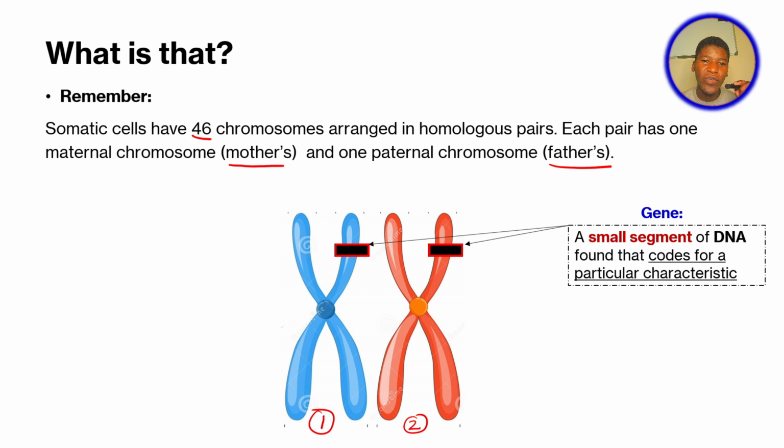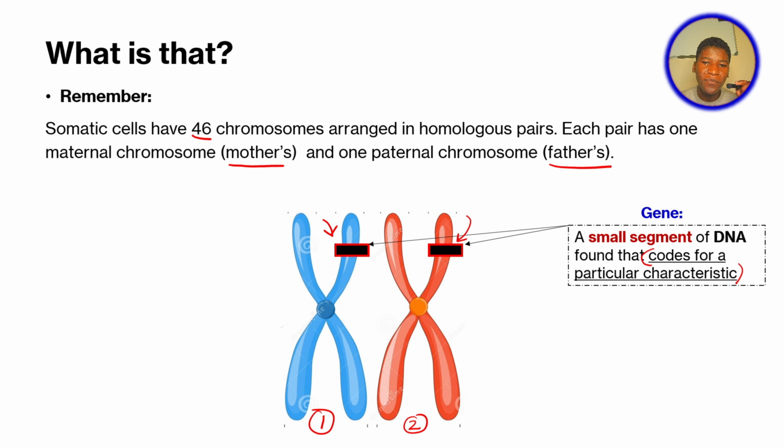They are responsible for telling you the characteristics of someone. It can be dark skin, blue eyes, or black eyes. All of these are genes. The most important thing about a gene is that it codes for a particular characteristic.